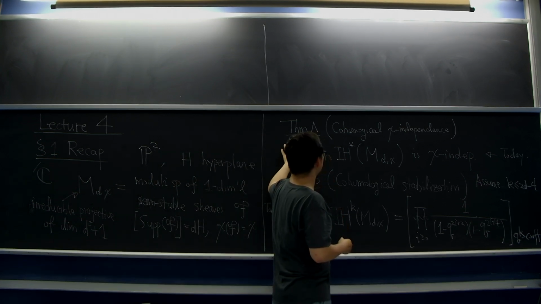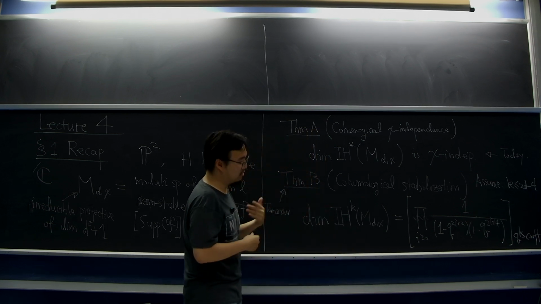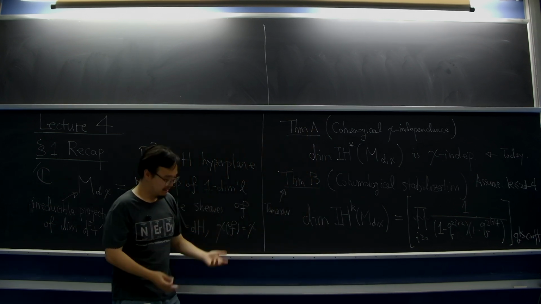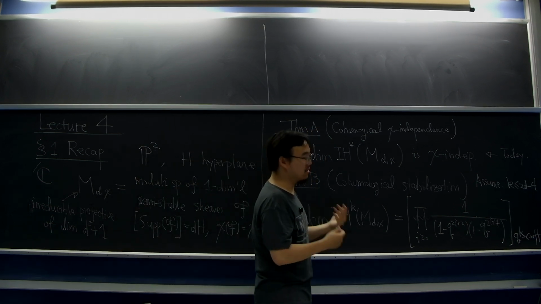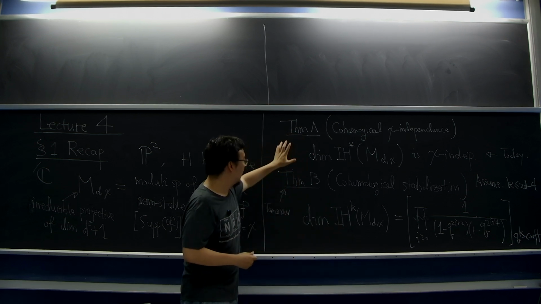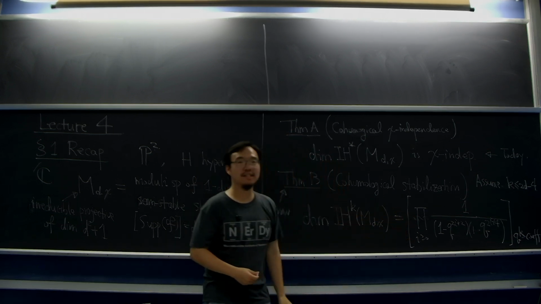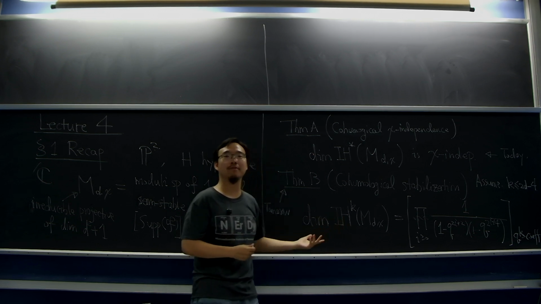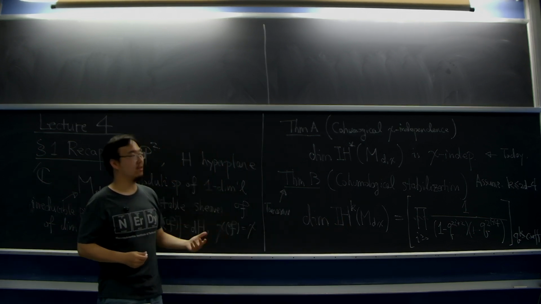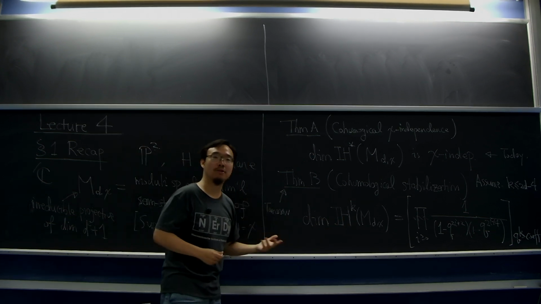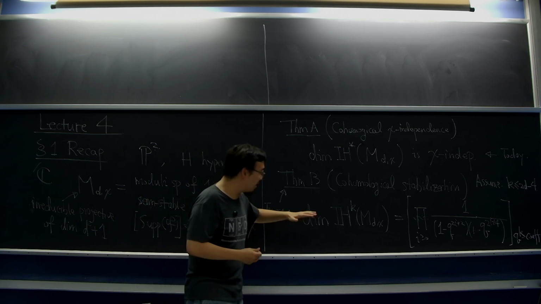This is a general phenomenon, and this is actually relevant to the multiple cover formulas and the strong rationality of Donaldson-Thomas generating series. And for this part of the statement, which is the cohomological stabilization, actually I'm not sure whether this is a phenomenon only for Del Pezzo or Calabi-Yau 2 cases, or whether this is also a general phenomenon.